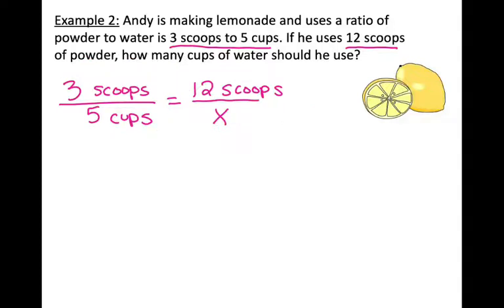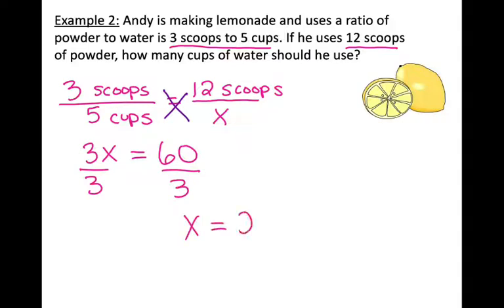So from here, we can cross multiply. That gives me 3 times x equals 5 times 12, which is 60. Divide both sides by 3, and we get x equals 20 cups of water.